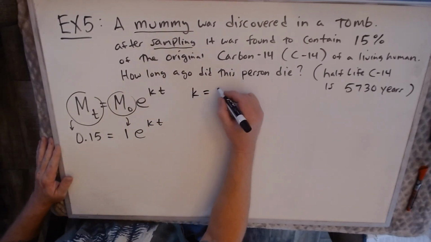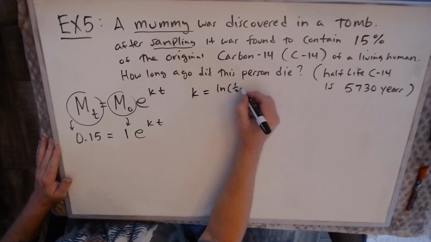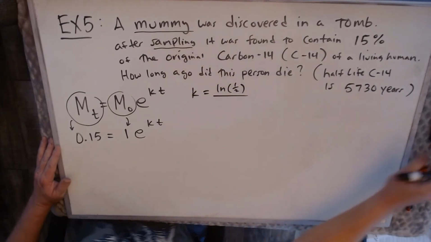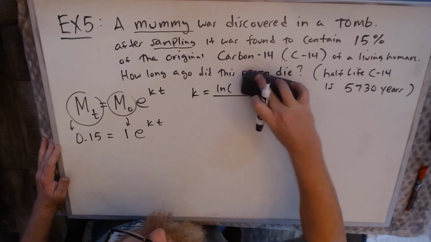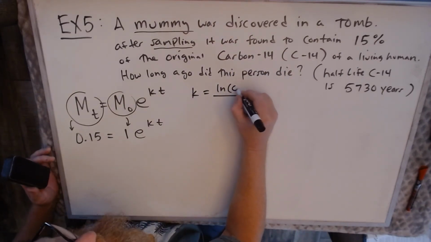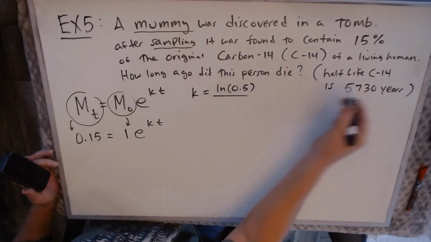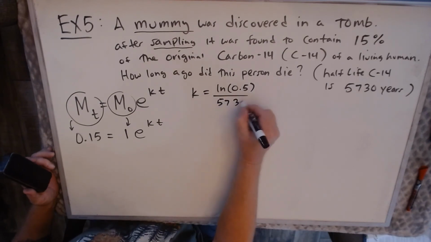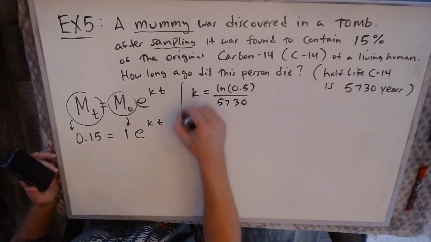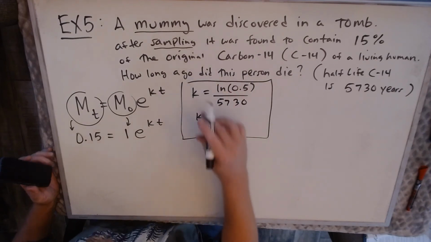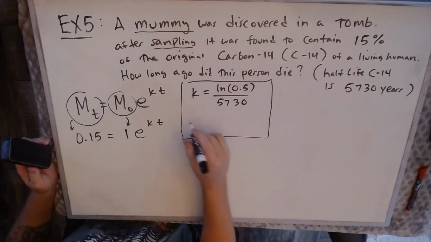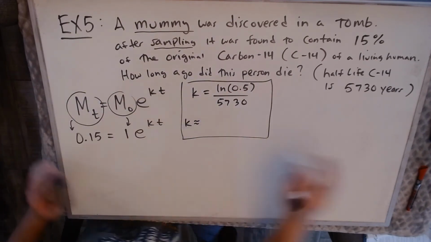Remember, K is ln of a half, because we're doing half-life, or ln, I'm just going to put 0.5, just easier to write in this particular circumstance, divided by 5,730. So that gives us our K, since we already know the half-life.